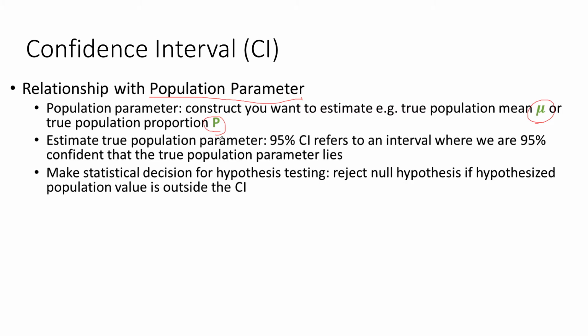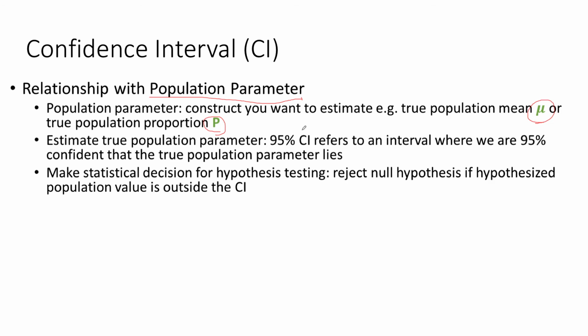A 95% confidence interval refers to an interval where we are 95% confident that the true population parameter lies. It also makes statistical inference for decisions in hypothesis testing: we reject the null hypothesis if the hypothesized population value is outside the confidence interval.